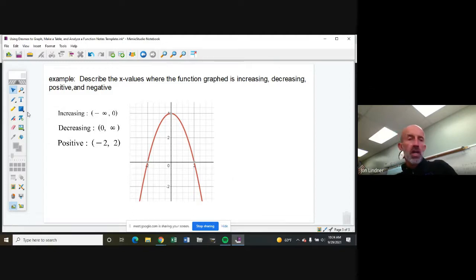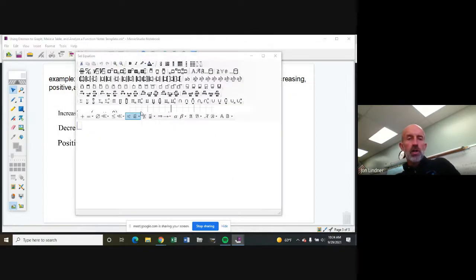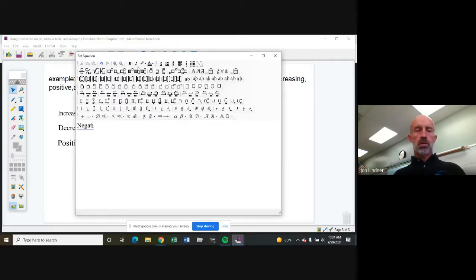So we need to state both of those. This function is negative from negative infinity, my infinity symbol, to -2, and from +2 to positive infinity.